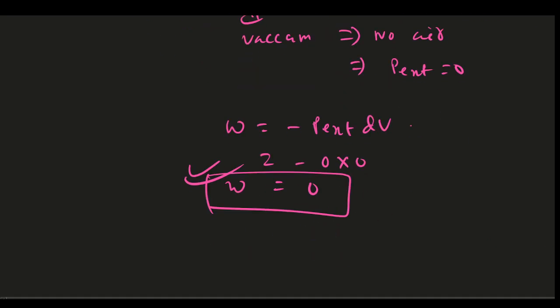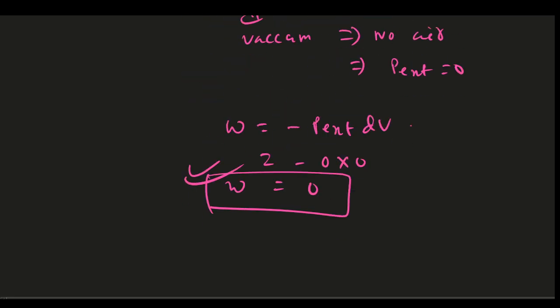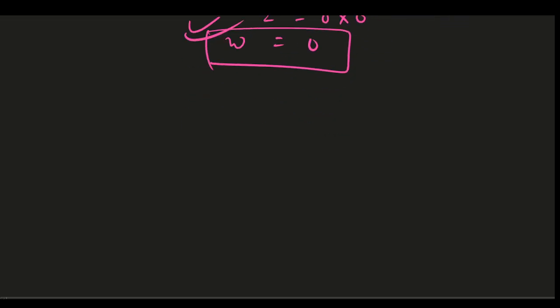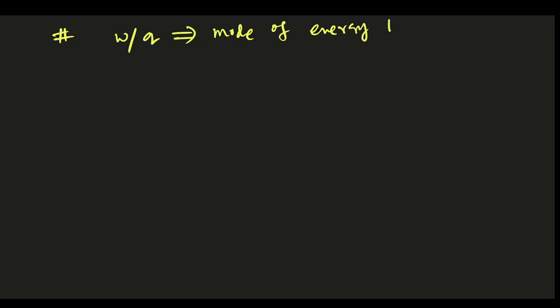Okay. So we have discussed the work done for different processes. Also we have discussed work and heat. In the previous class we said that work and heat are modes of energy transfer, and these are path functions.